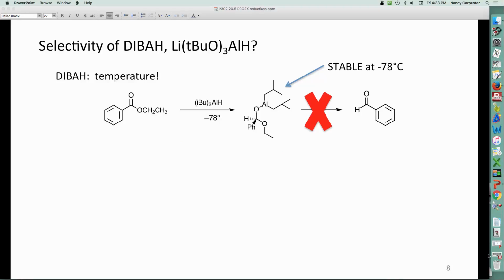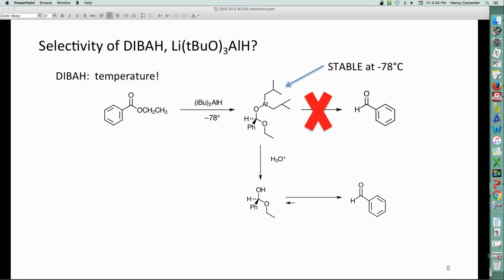So as long as you keep this reaction at minus 78 degrees, which is easily achieved by putting dry ice in an acetone bath, this breakdown to kick out the ethoxide and give you the aldehyde, that doesn't take place. And if the aldehyde isn't there, then it can't get reduced anymore. So how do you get the aldehyde?